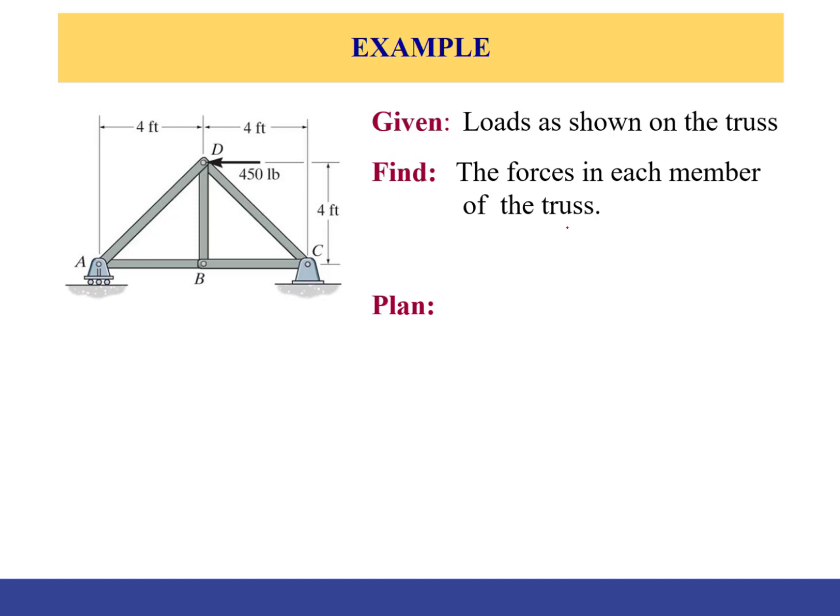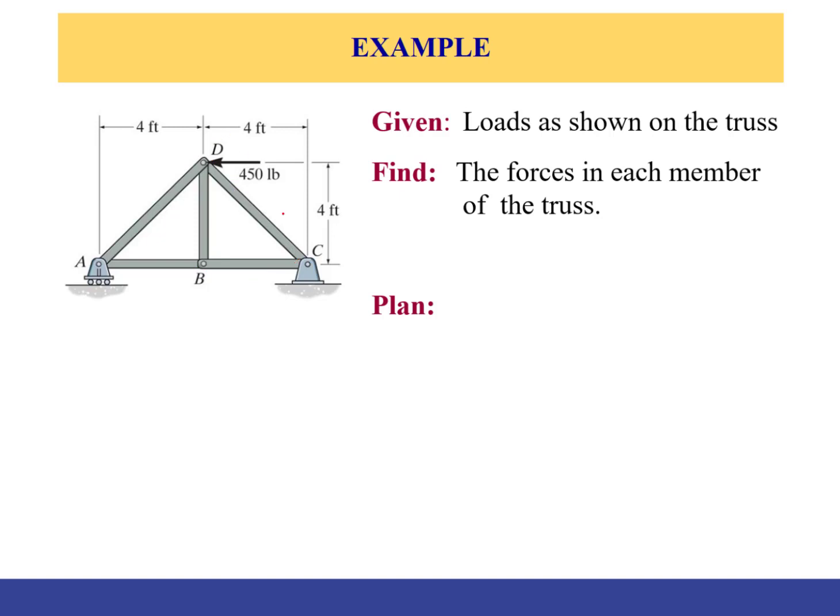So let's focus on what is needed before you start analysis. All right, so what should you do? That's a question. What's the next step? Well, since we want to calculate the tension or compression in each member, let's say AD, AB, BC is another member, DB is a member, and DC, right? And there's an external force.